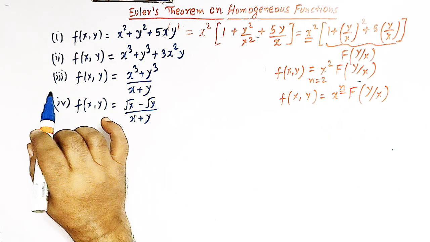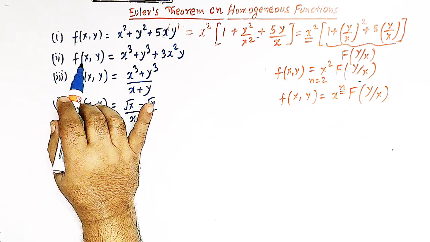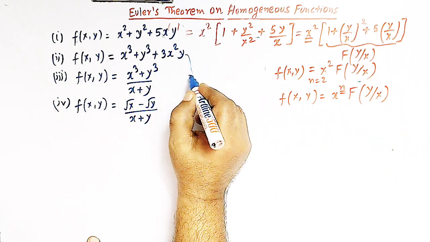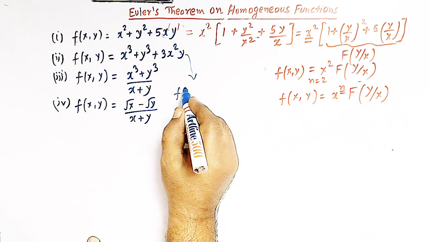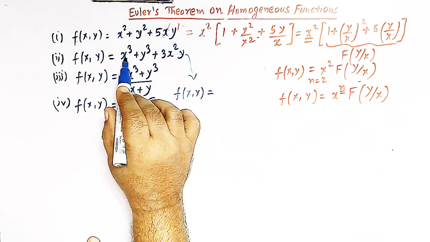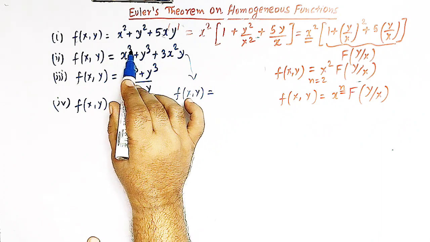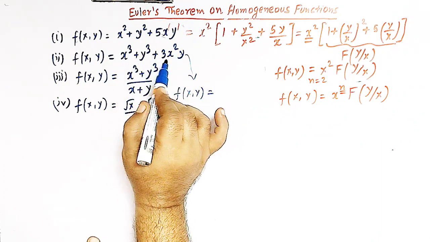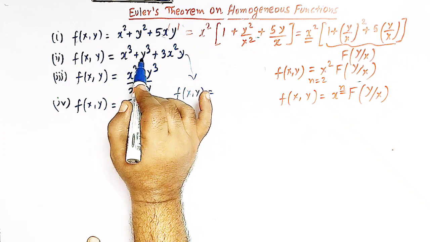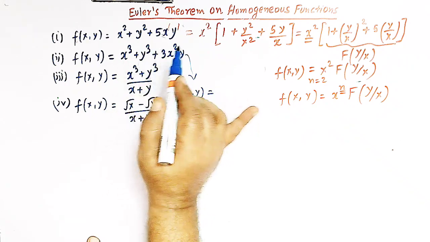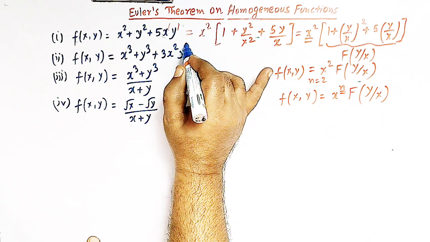So now let us try to express this function in this form. Right, so what we will do, we have f of x comma y, and here also we have three terms, x cube plus y cube plus 3x square y, and we can easily see that the degree of each term is 3. Here we have 3, here we have 3, and here we have 2 and here we have 1.